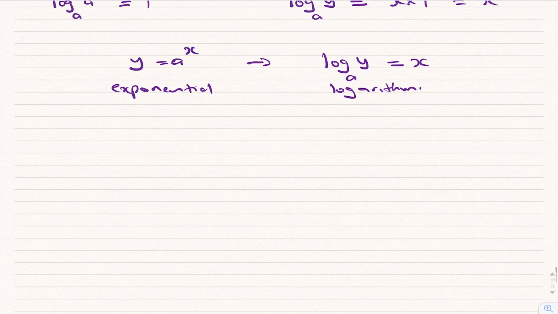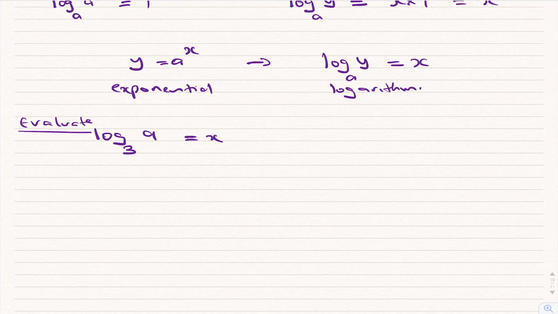So let's do some simple example. If you're given log of base 3 of 9, and we're told to solve or evaluate, so let's evaluate that. What we need to do is equate it to x. Yes? We equate it to x.